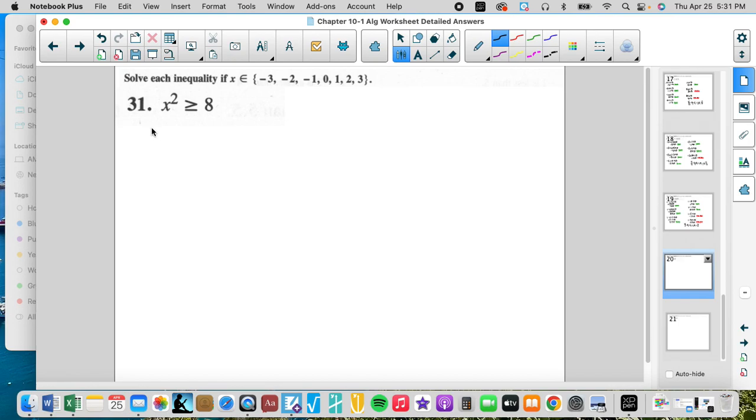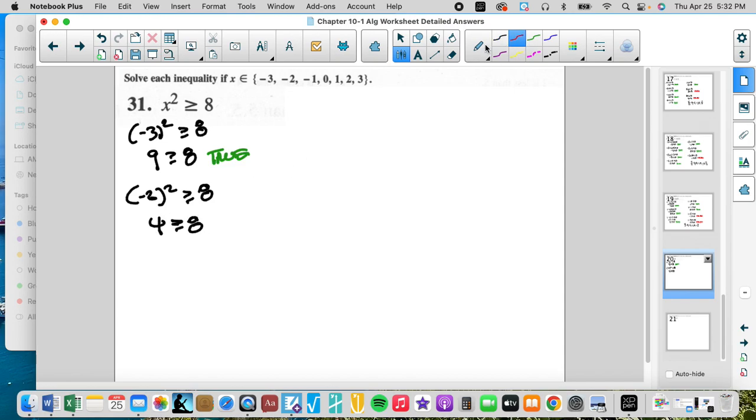Ooh, I like this. Quantity negative 3 squared greater than or equal to 8. Is 9 greater than or equal to 8? That is true. Is quantity negative 2 squared greater than or equal to 8? Is 4 greater than or equal to 8?